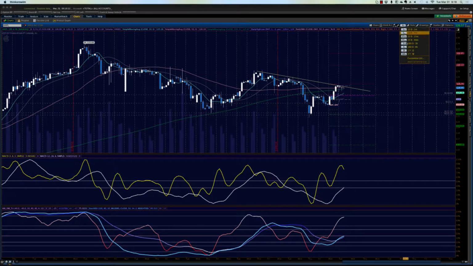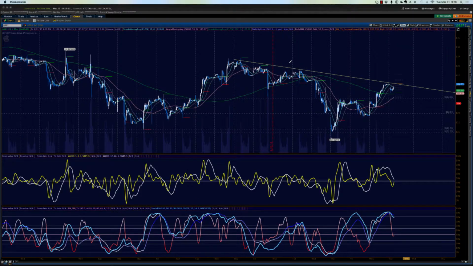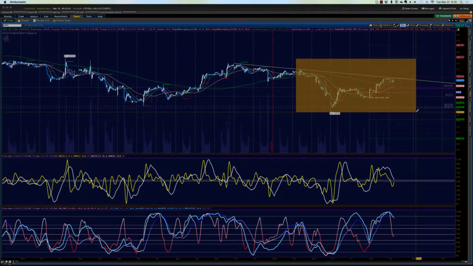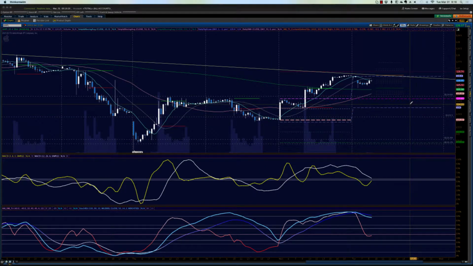Let's telescope into a 30-minute chart, see what we've got going on here. Sideways, caught between these guys. Let's take a look at the drift. We have support under here, resistance above here.